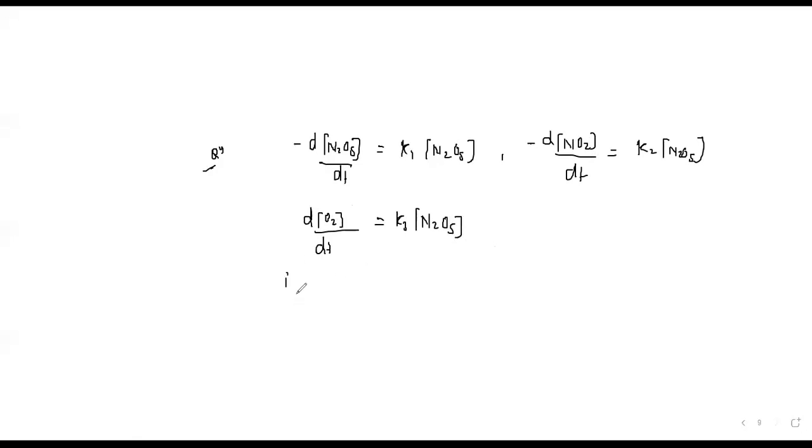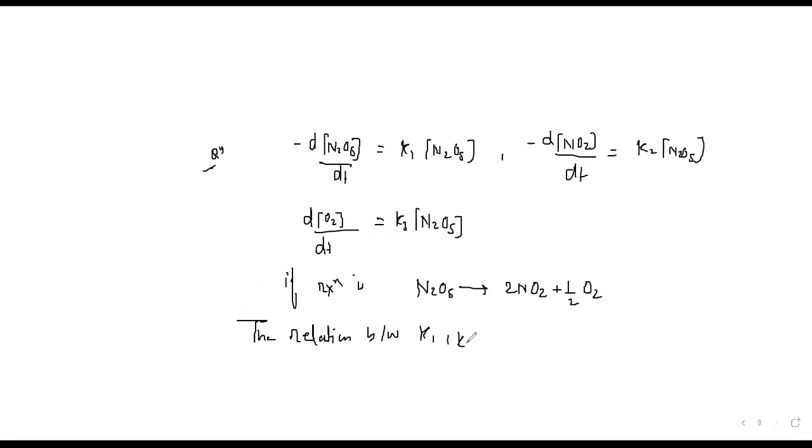If the reaction is N2O5 forms 2NO2 plus half O2, what is the relation between k1, k2 and k3?